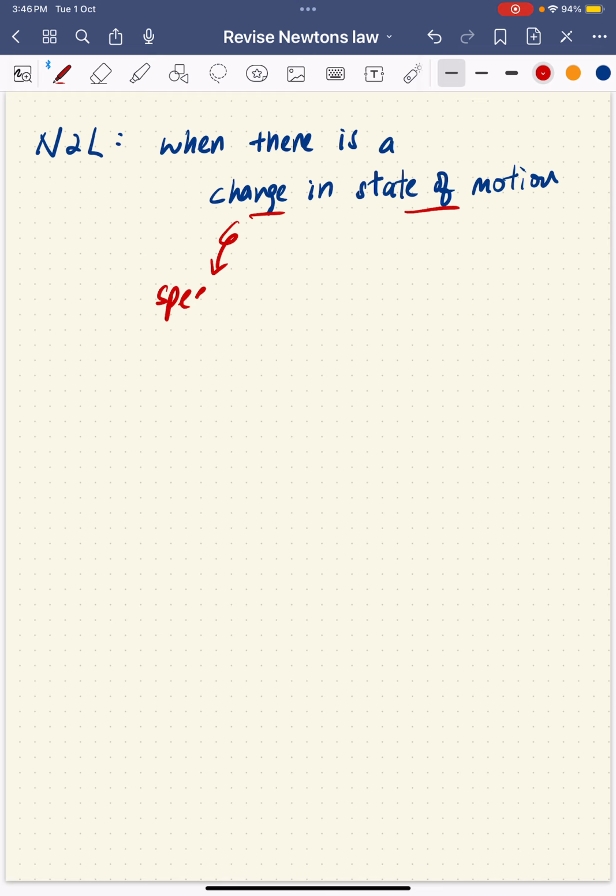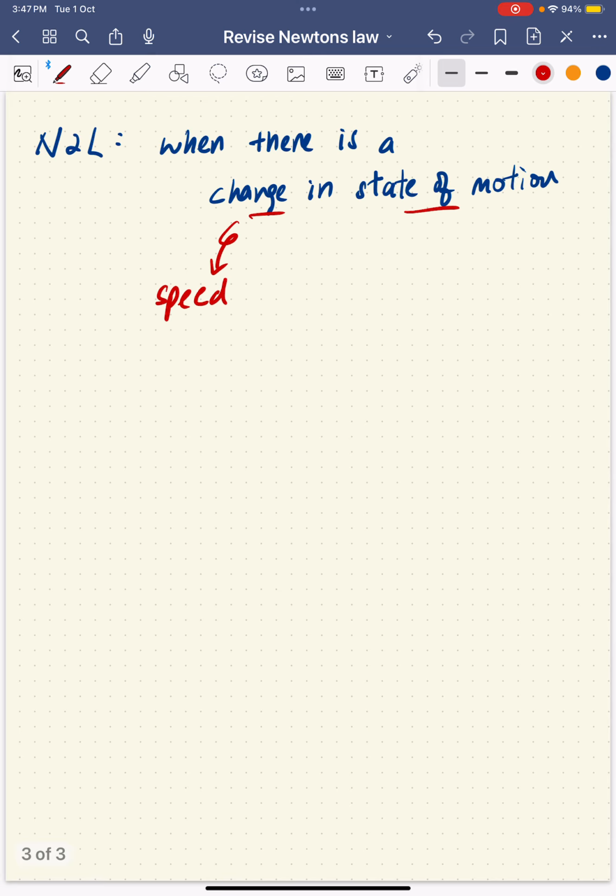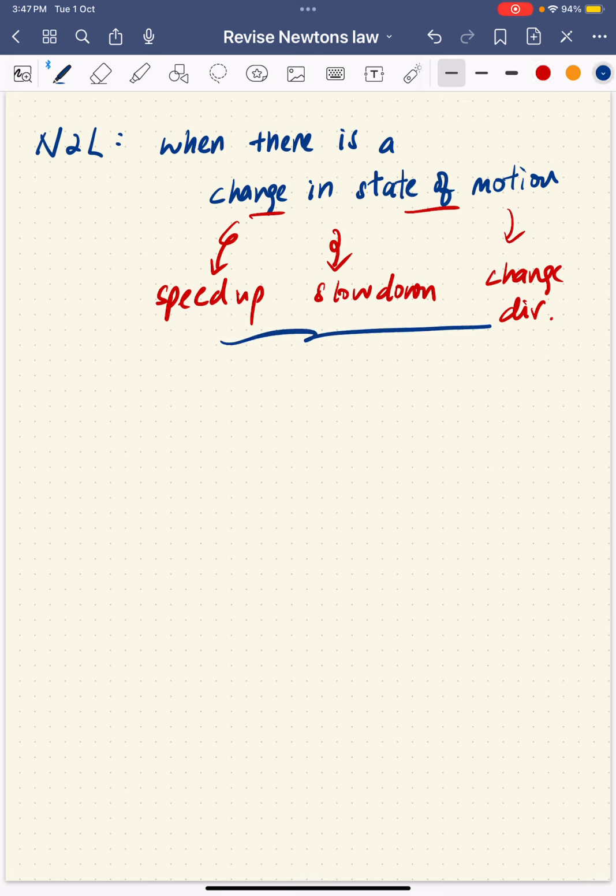It can mean that the speed is changing, so either speeding up or slowing down, or it can be changing in direction. All this tells us that its velocity is changing, and if the velocity is changing, then the object has an acceleration.